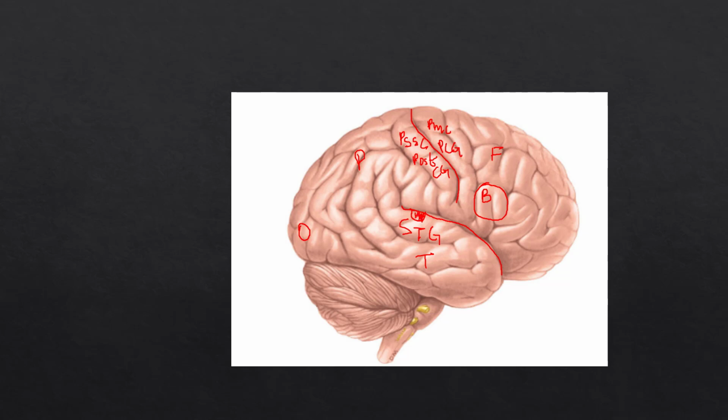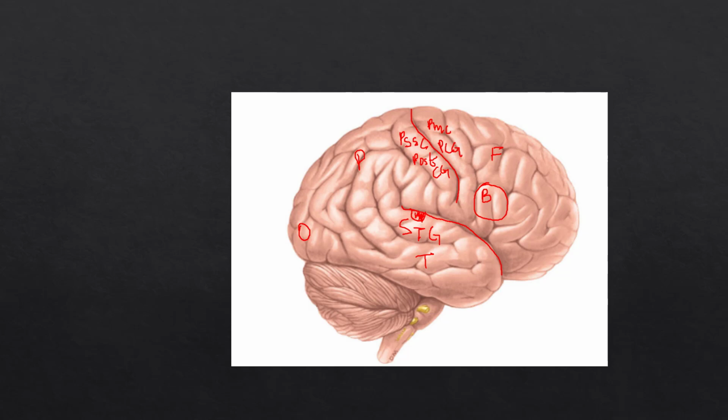But the majority of the primary auditory cortex is visible on the medial aspect. So if you split open this lateral sulcus and the frontal and the parietal lobe, if you split it apart, you'll be able to view the primary auditory cortex there.